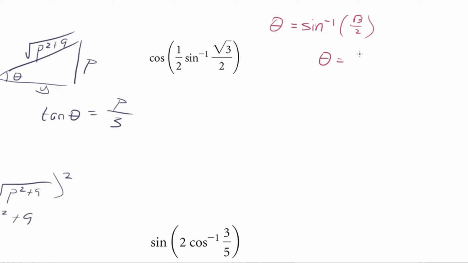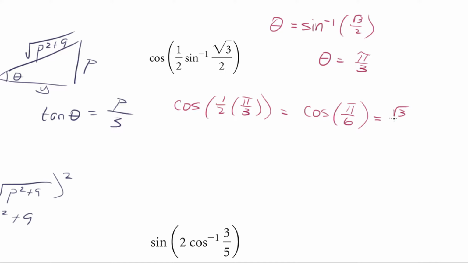Well, pi over 3. So this one is asking for cosine of 1/2 times pi over 3, which is just cosine of pi over 6. Right? We multiply across. Now, cosine of pi over 6 is radical 3 over 2, which is your answer.